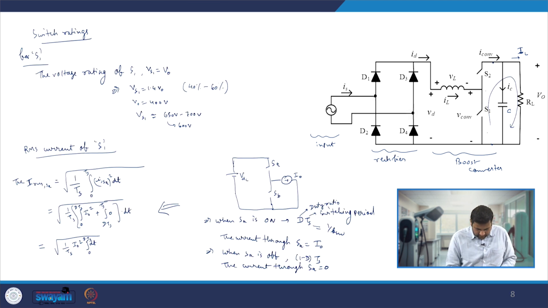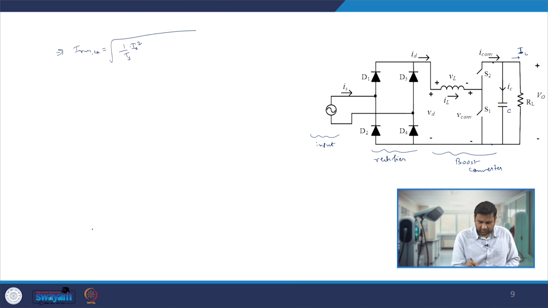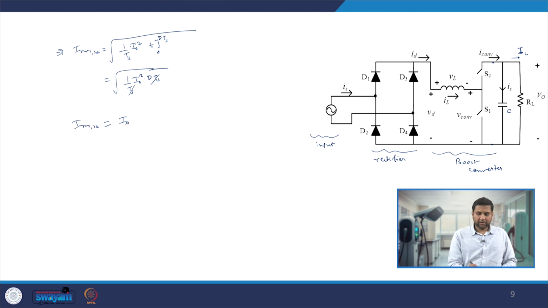Since t is going from 0 to dTs, it is nothing but 1 by Ts I naught square dTs. This Ts gets cancelled, and IRMS of SA comes out to be I naught under root of D.